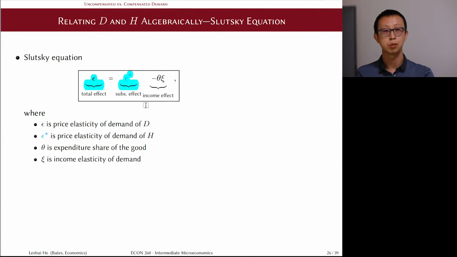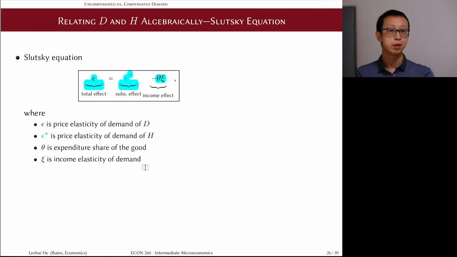And the difference between them is measured by the product of theta times xi, where theta is the expenditure share of the good in the budget, and xi is the income elasticity of demand.